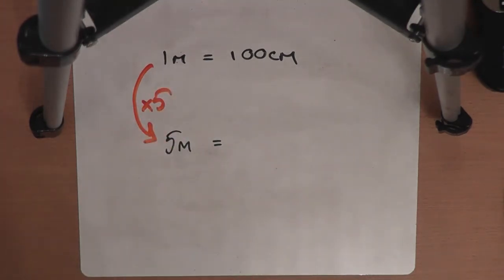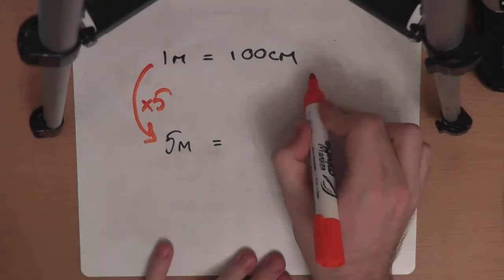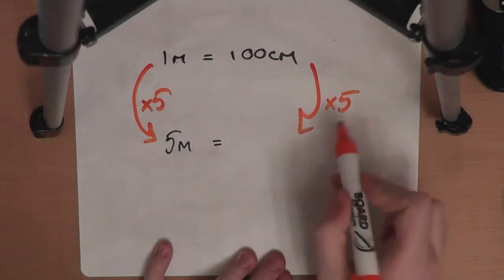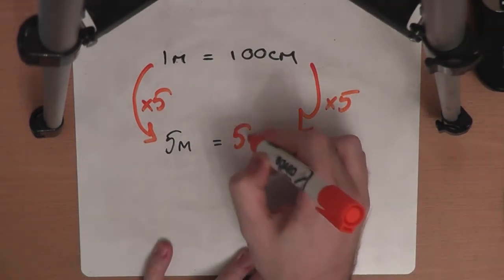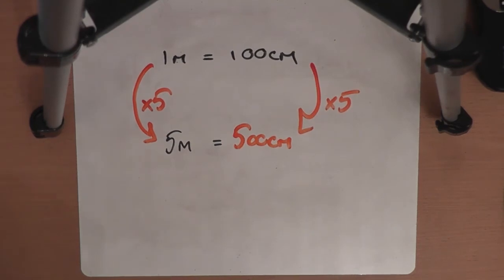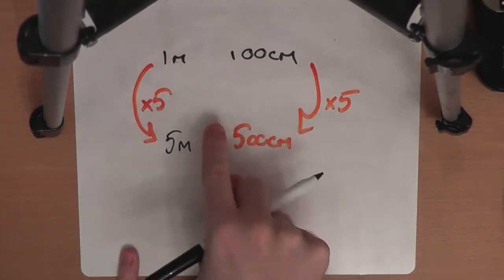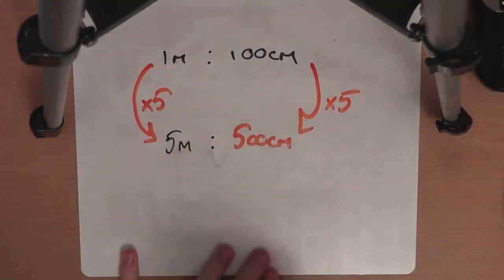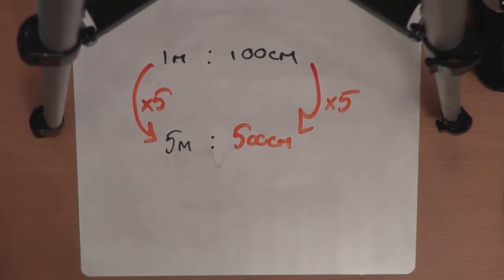So if we've timesed the number of meters by 5, then we would also have to times the number of centimeters by 5. Then we do 100 centimeters, times that by 5, and get 500 centimeters. This kind of setup might look a little bit similar, and in fact I could, if I wanted, change these equals signs to ratio dots. And that would still be perfectly fine.